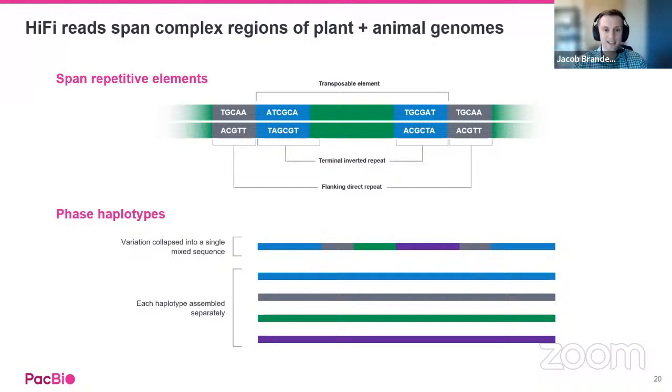And because of the accuracy and the fact that we can track each read back to a specific molecule, when we go to do the assemblies, we're able to assemble each haplotype separately, as opposed to a collapsed assembly, which was the norm for many years of sequencing. Because of this, PacBio is really the first technology that was able to break through that phasing barrier for a given species.